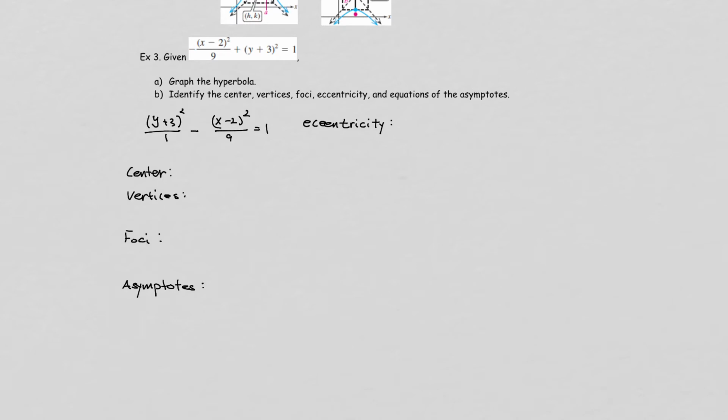From the standard form of equations, your center comes from the x value and y value here. So your x will have positive 2, y will be negative 3.